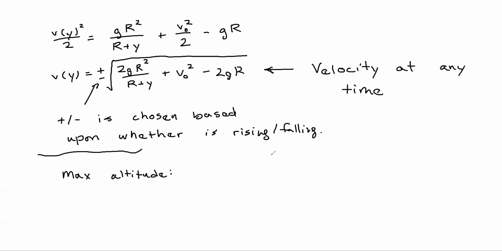And then eventually your object stops rising. If you think about it, it's going up, the position is rising, so y is increasing, v is decreasing, and then eventually it hits a max point, and then it starts falling. That's going to be your max altitude.